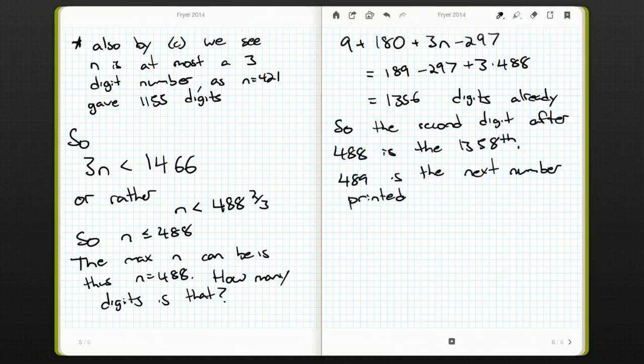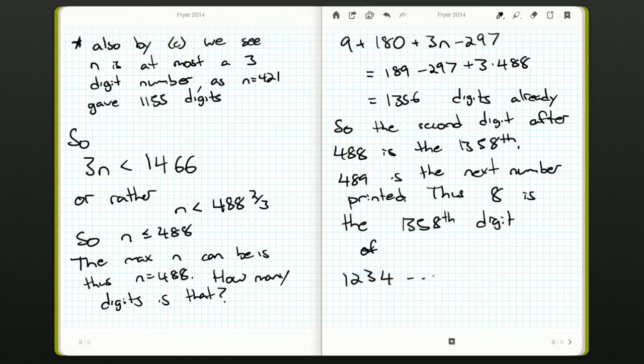So after 488, we write down 489. And we get 8 is the 1358th digit.